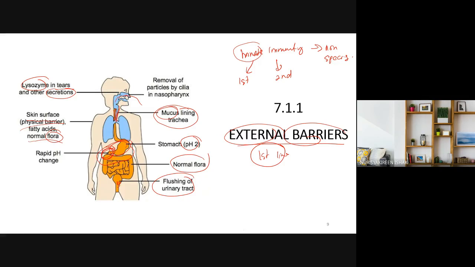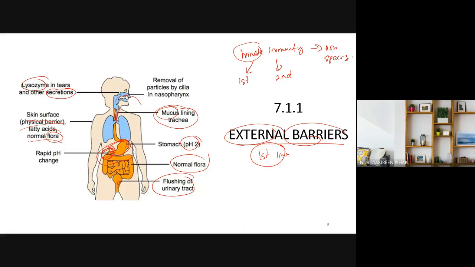Ada macam-macam dalam udara ni, ada virus semua, ada pollen, whatever that you are not able to see. Okay, so all this contaminant when it enters into your nostril, okay, so nostril you have kat bahagian luar tu ada nose hair, for example, okay, so that serve as filters.